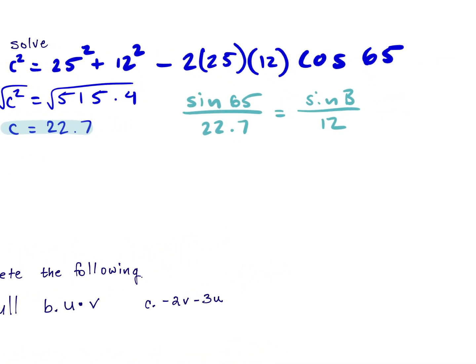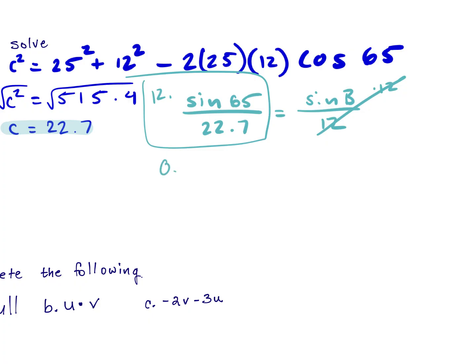From here, I can multiply both sides by 12 to solve. Since I'm dividing by 12, I want to multiply to get it to cancel. And then I'm going to put this into the calculator: 12 times the sine of 65 divided by 22.7.